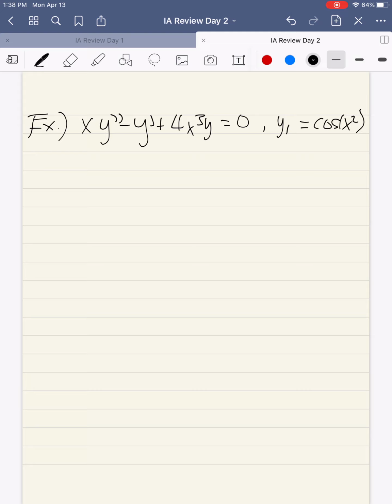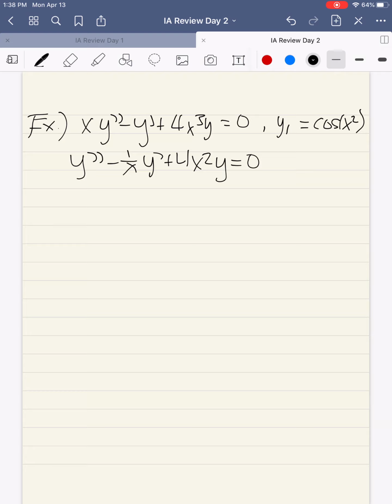So our first thing that we want to do here is get our differential equation in the format where the y'' only has a coefficient of 1. So we want to divide everything by x. So we have 1 over x here, and then plus 4x squared y is equal to 0.